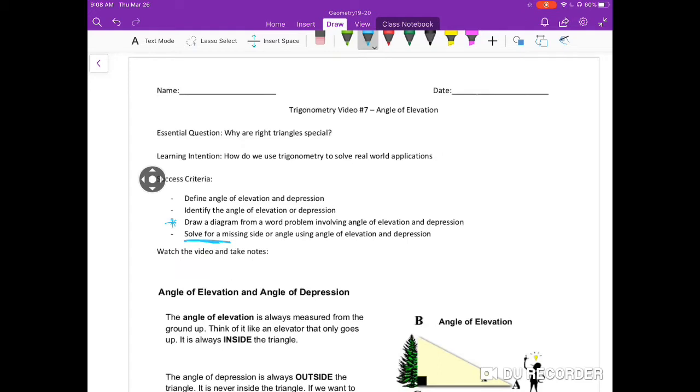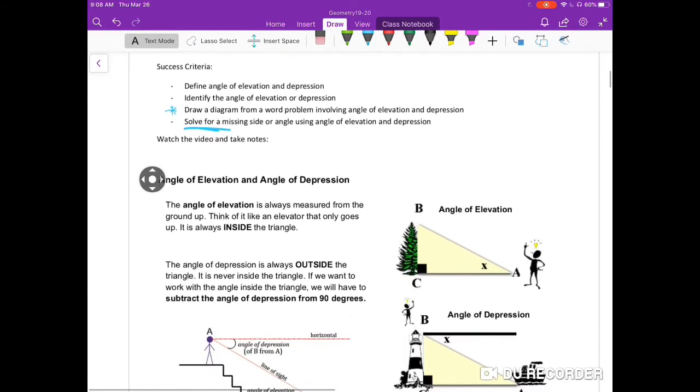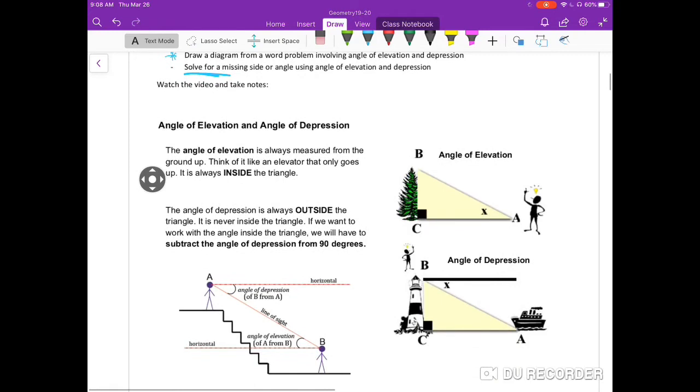I've got a couple of examples here. The big thing is going to be the notes in the beginning, and then we'll do two examples together. The angle of elevation is always measured from the ground up, or from your eye level, or whatever the question's talking about, going upward.